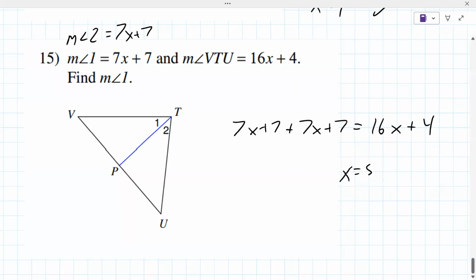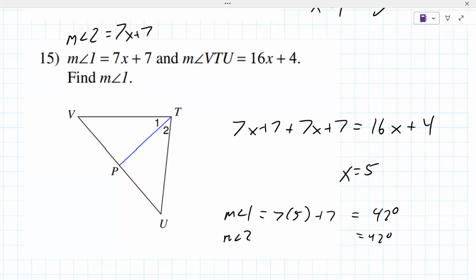Okay. So this one does not ask for x. It asks you to go back and find the measure of angle 1, which is 7 times 5 plus 7, 42 degrees. And the way to check that, we know that the measure of angle 2 is also 42 degrees, so together that is 84 degrees.